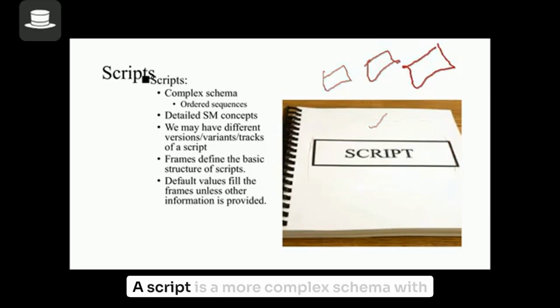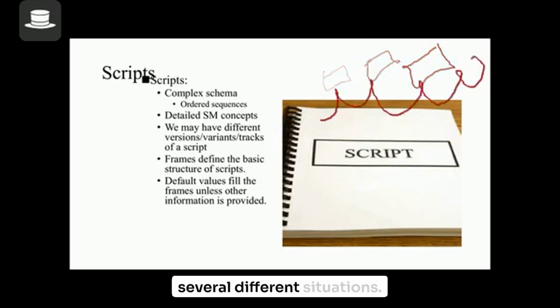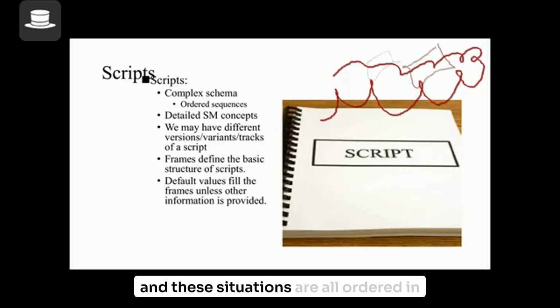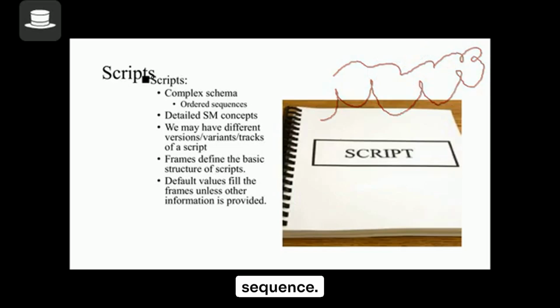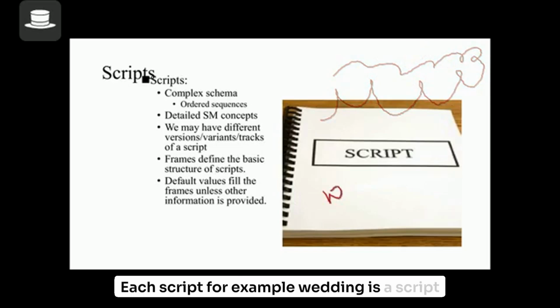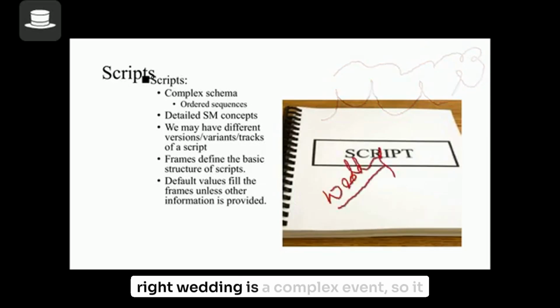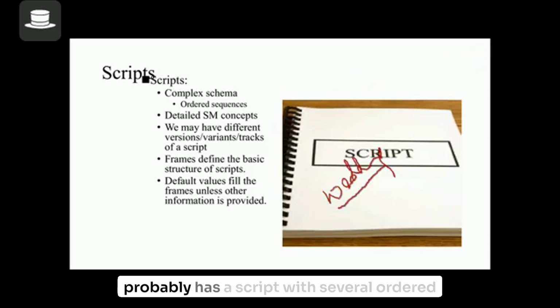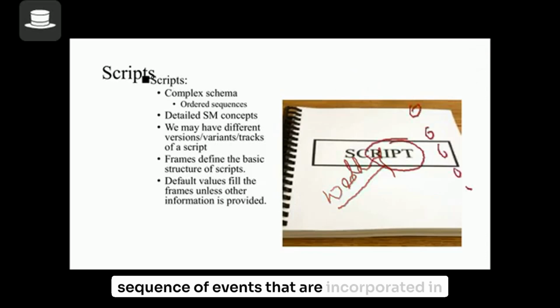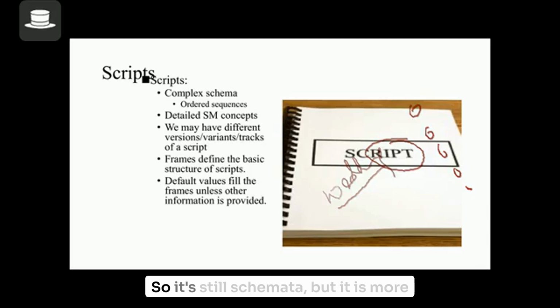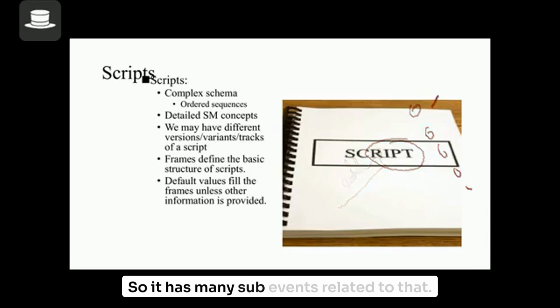So a script is a more complex schema with several different situations, and these situations are all ordered in sequence. Wedding is a script, right? Wedding is a complex event, so it probably has a script with several ordered sequence of events that are incorporated in it. So it's still schemata, but it is more complex. So it has many sub events related to that.